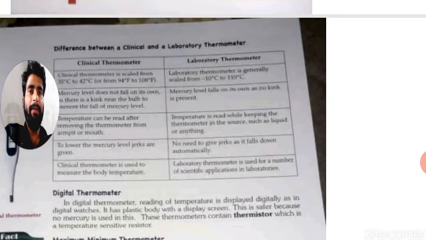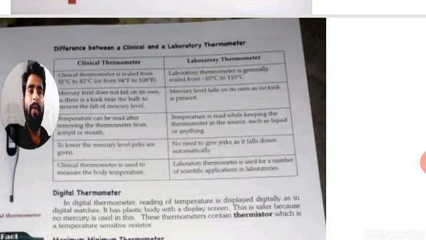In clinical thermometer, temperature can be read after removing the thermometer from the armpit or mouth. In laboratory thermometer, temperature is read while keeping the thermometer in the source such as a liquid. If we dip the thermometer in the liquid, then we can find the temperature of that liquid.